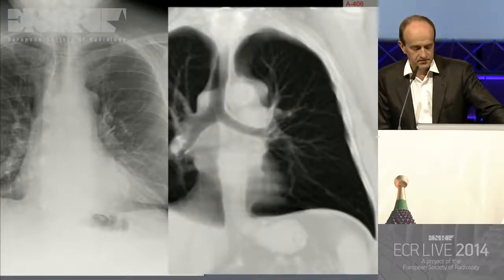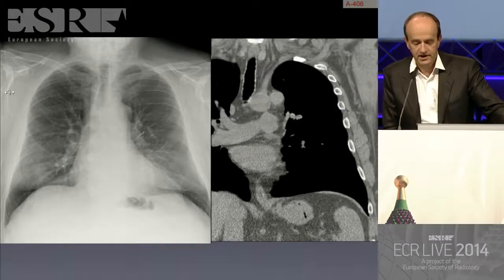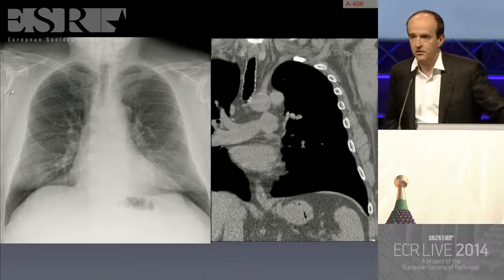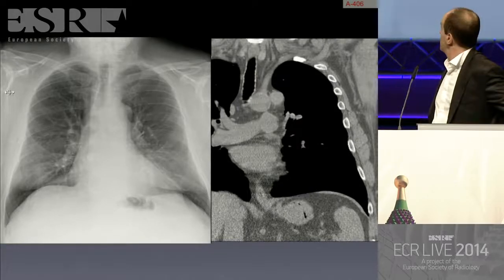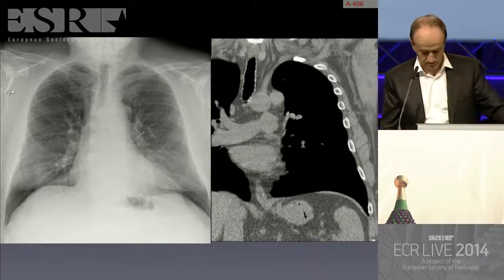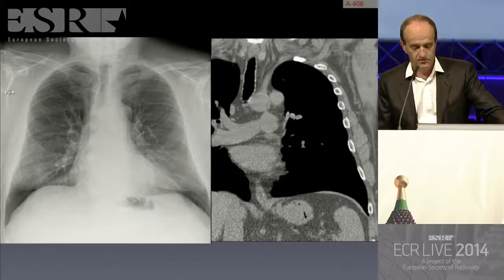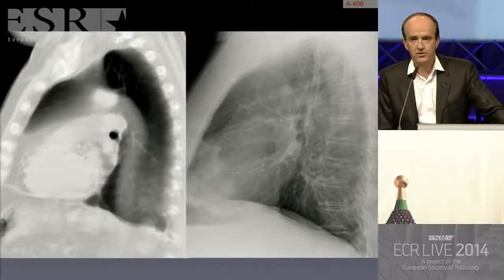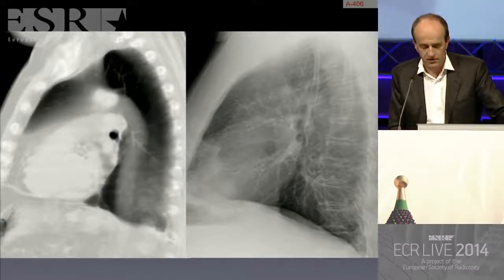What happened? This patient had a lymphadenopathy next to the aortic arch. Here in axial view, this lesion was almost not detectable on the lateral view.